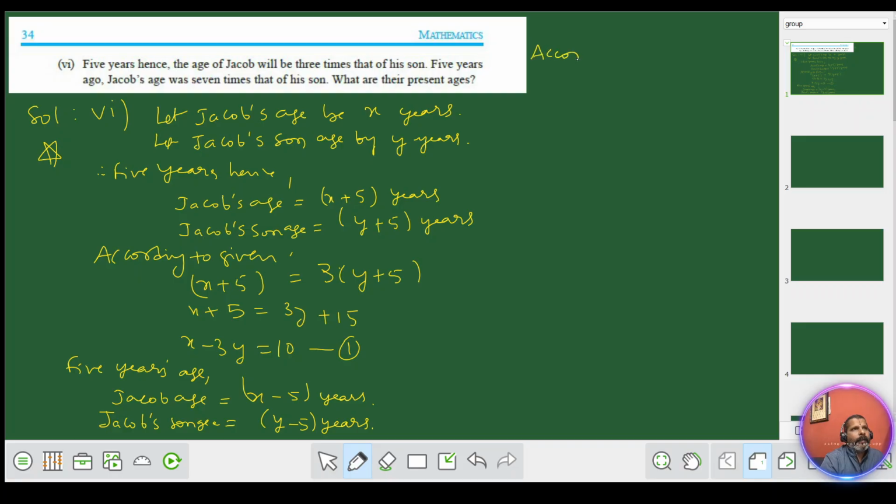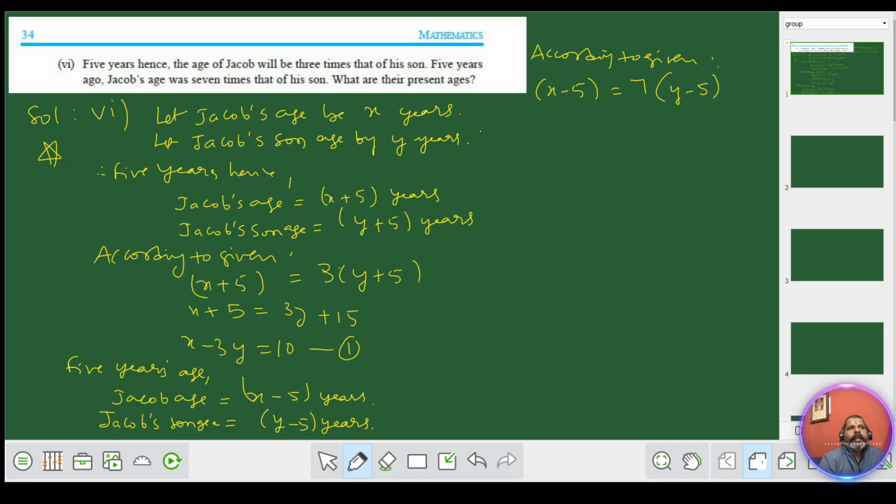Now according to the given, read the question again. 5 years ago, their ages we calculated as x minus 5 and y minus 5. Jacob's age was 7 times that of his son. Jacob's age 5 years ago is x minus 5, so x minus 5 is 7 times his son's age, y minus 5. Clear?